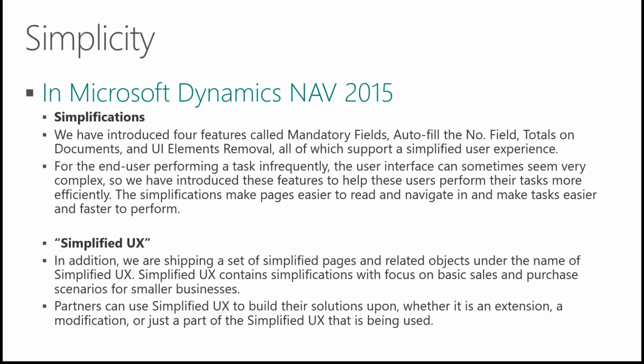We've simplified the data entry. We've made mandatory fields. We've put totals on documents. Based upon your user permissions, if you don't have permissions for certain functionality on the role center, it will automatically be removed as part of the user simplification.